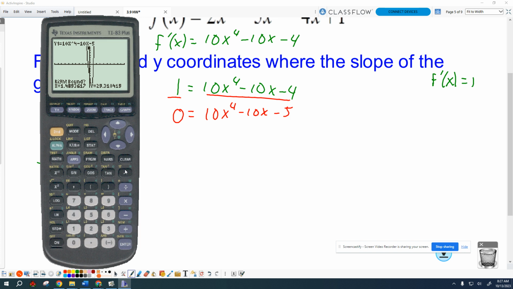My y value went positive. I've crossed over. Hit enter. Now if I hit X, it's that new point, and I'm going to store that in B.